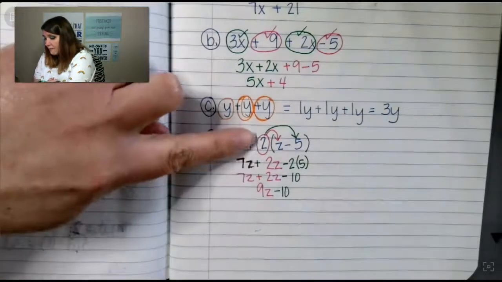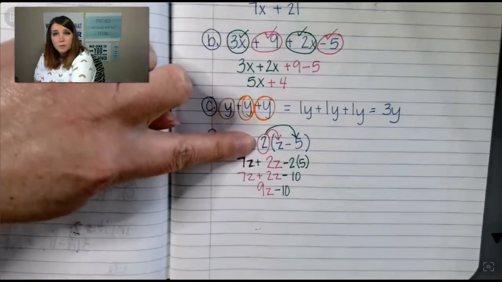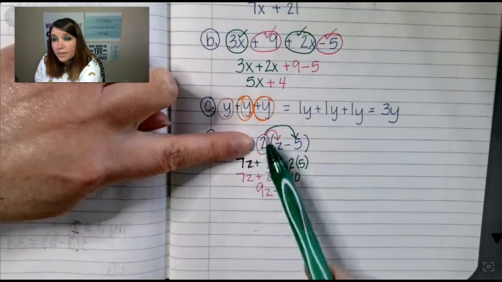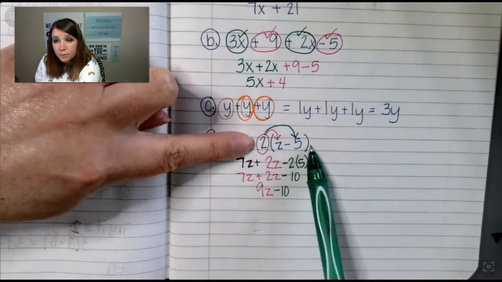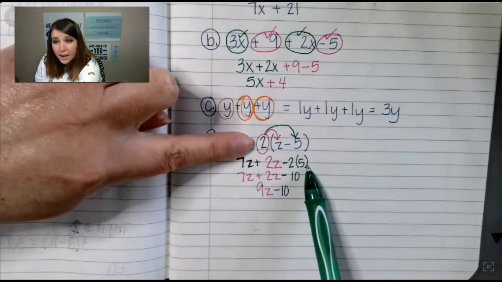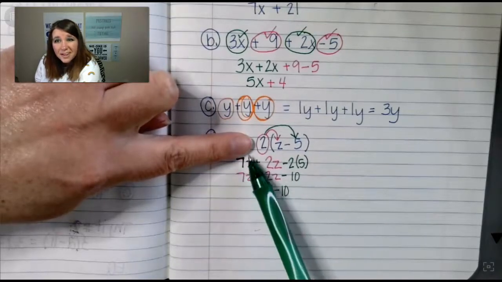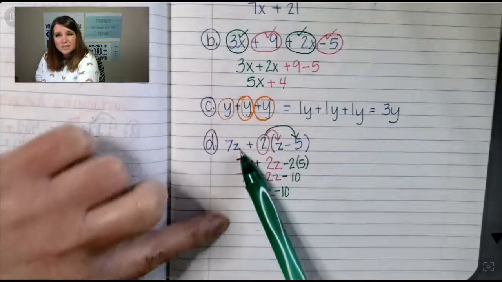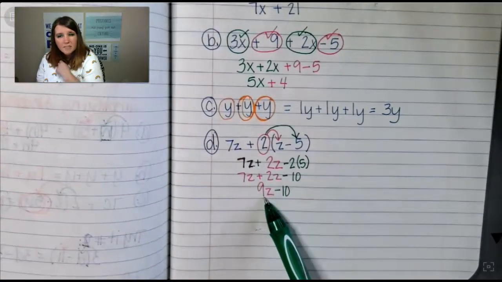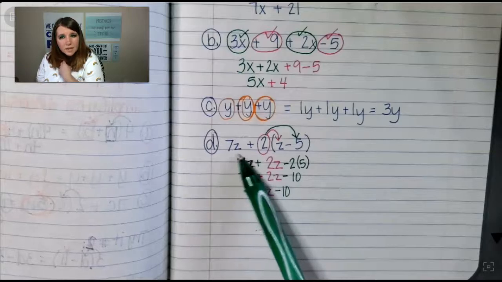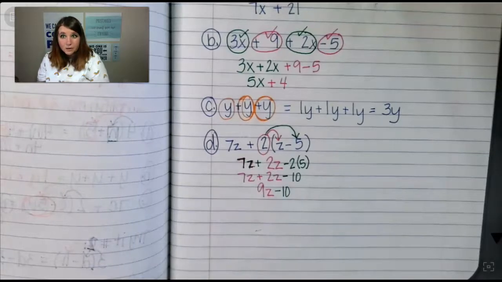So really, if I were to cover this part of the problem up, I could have started with the distributive property, did that, and then I could have just dropped down this 7z and then added it in. This, because it's on the outside of the parentheses, does not matter.